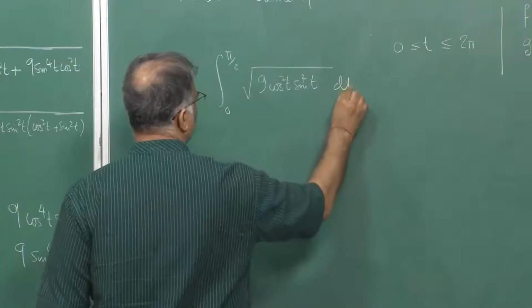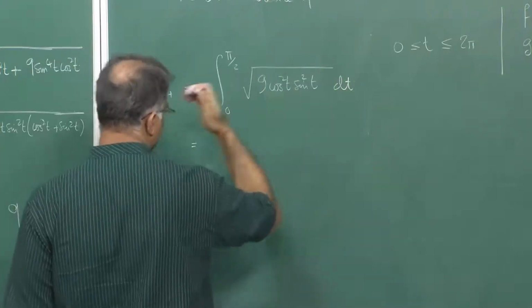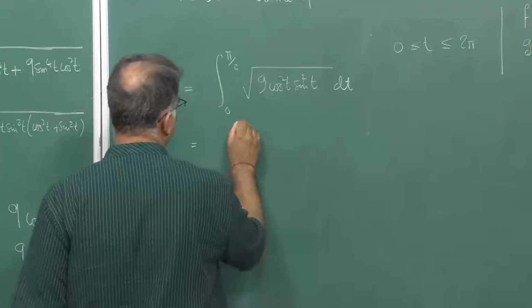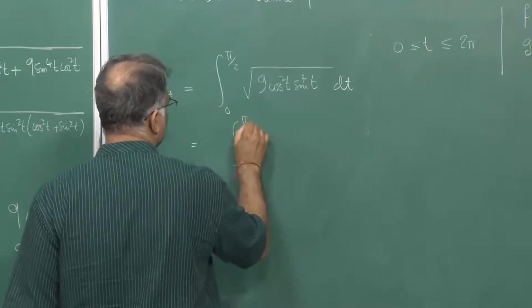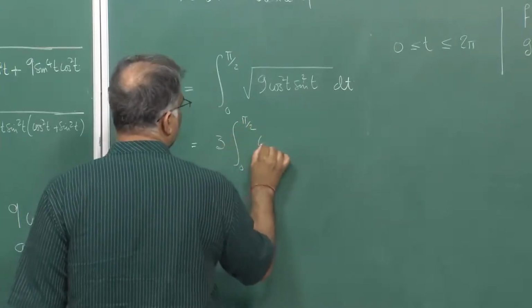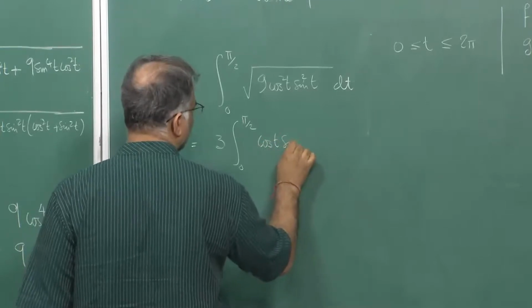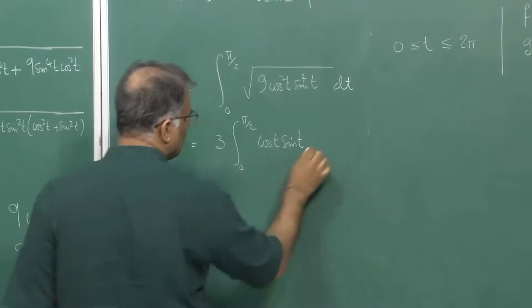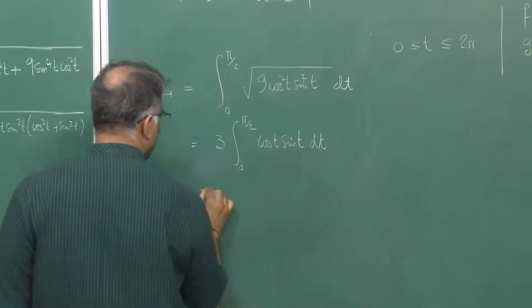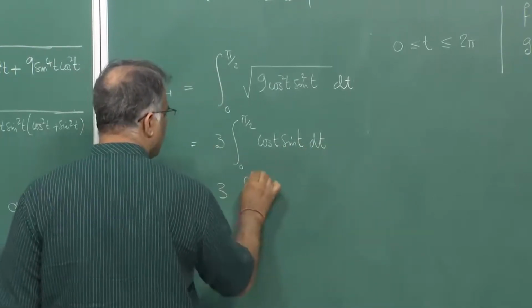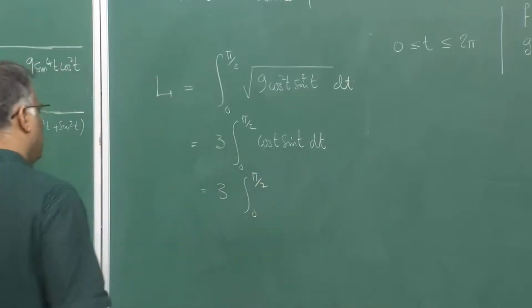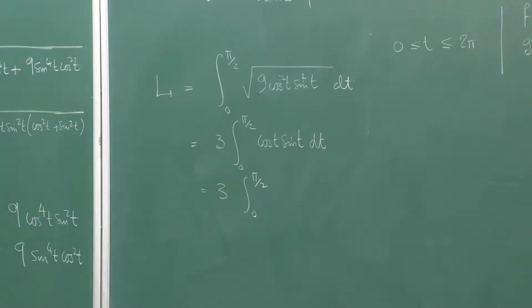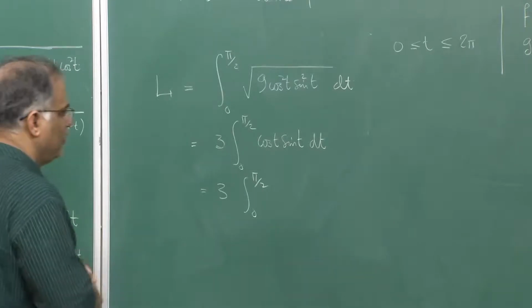So, if I take the root out, because cos t into sin t is positive, I will have the integral from 0 to pi by 2 of 3 cos t sin t dt. So, this can be replaced by 3 times the integral from 0 to pi by 2. Sometimes your mind wanders because you think as you are teaching also.